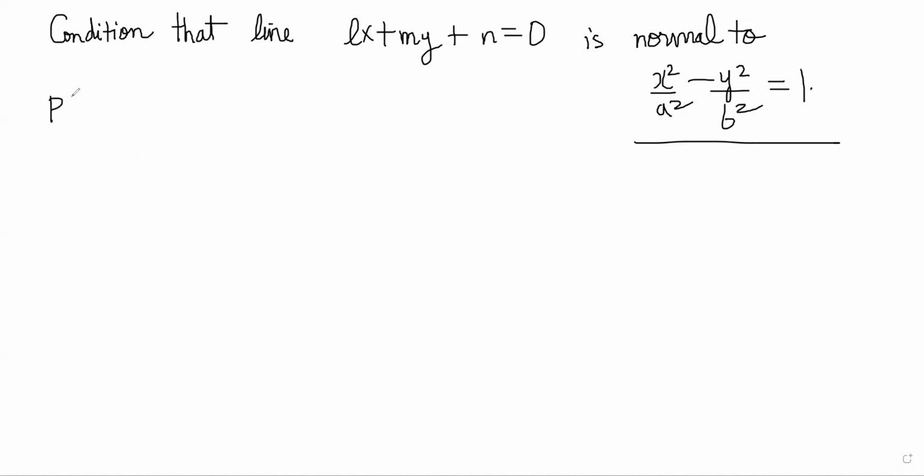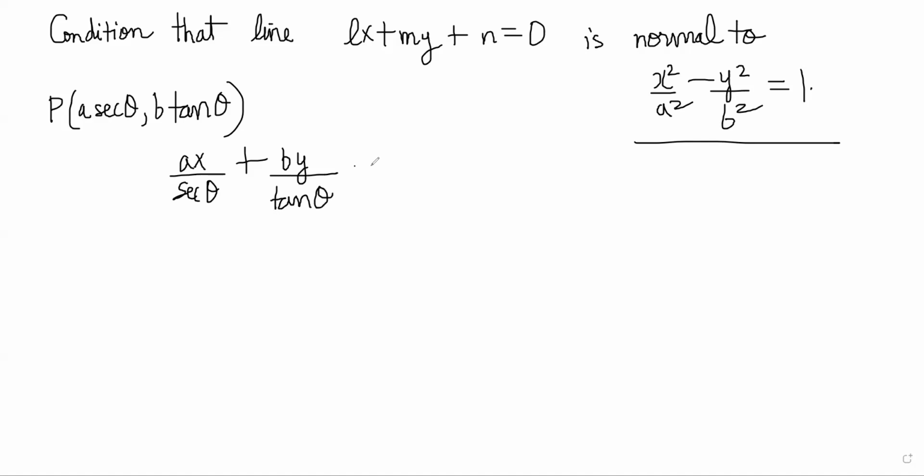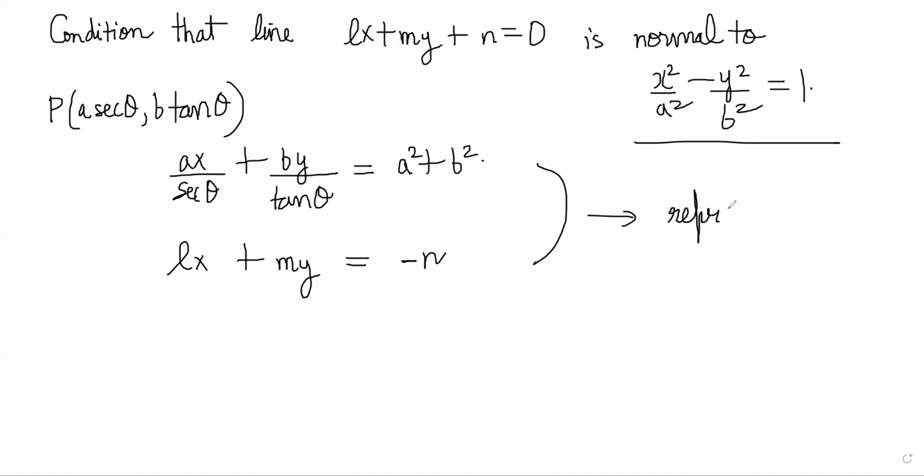Let's say the point where it is normal is (a sec theta, b tan theta). So the equation of the normal to the hyperbola here is ax by sec theta plus by by tan theta is equal to a squared plus b squared. And we know that lx plus my equals minus n is also the normal. So these two represent the same normal line.